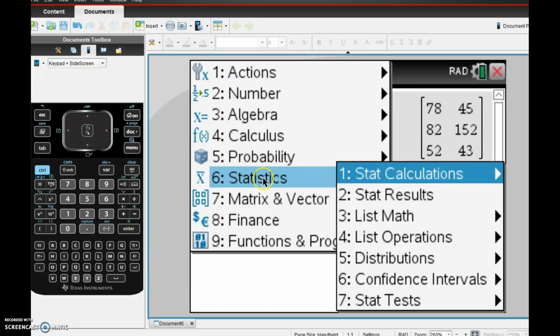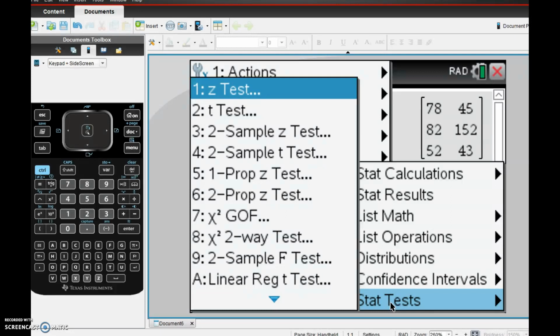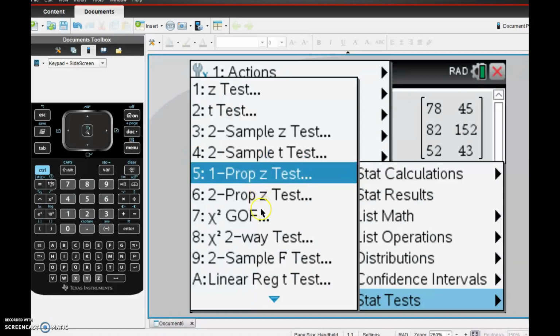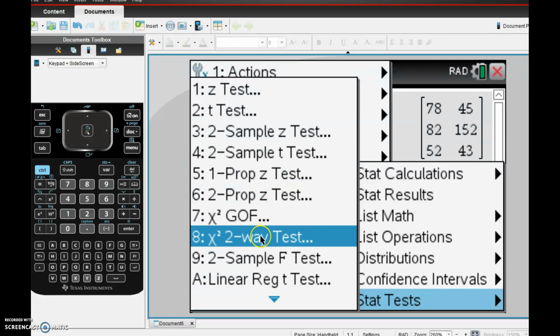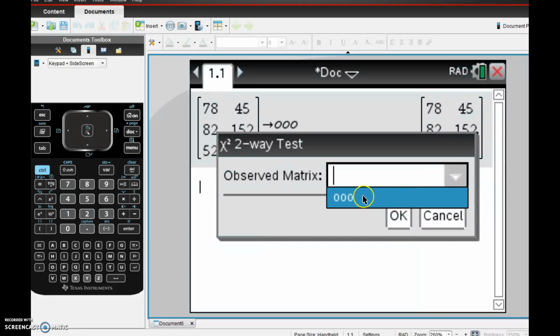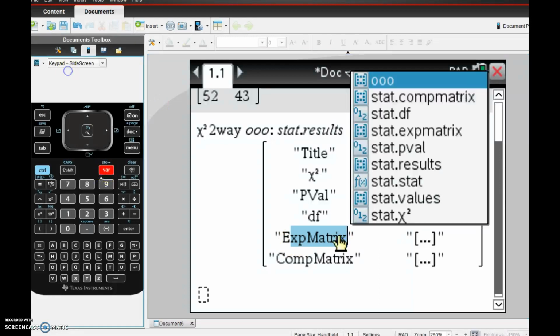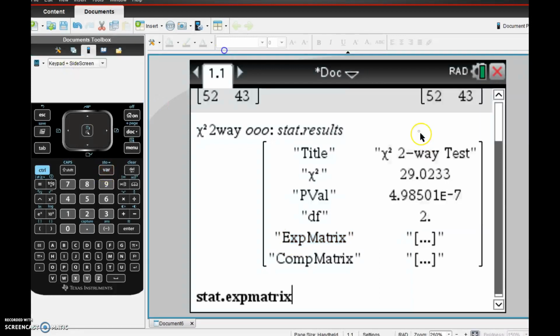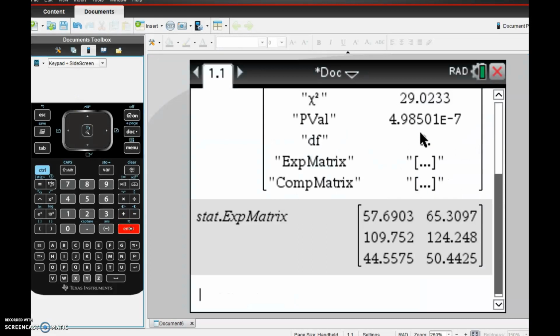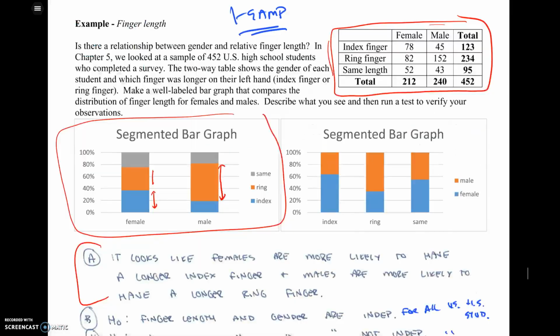This is exactly the same calculator function as option 8 here, the exact same one as the chi-squared test for homogeneity. Still one input, exact same output. Let's check our expected matrix. Those are all much larger than 5, so the check passes.